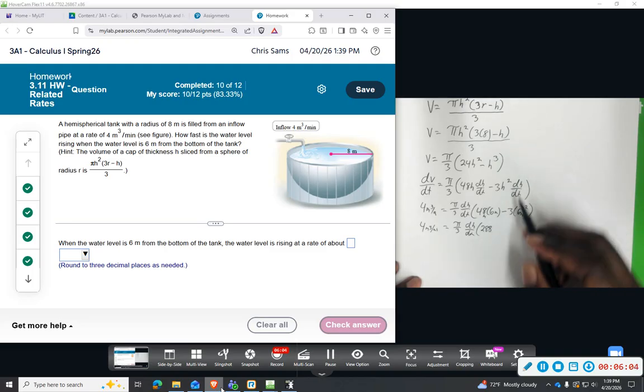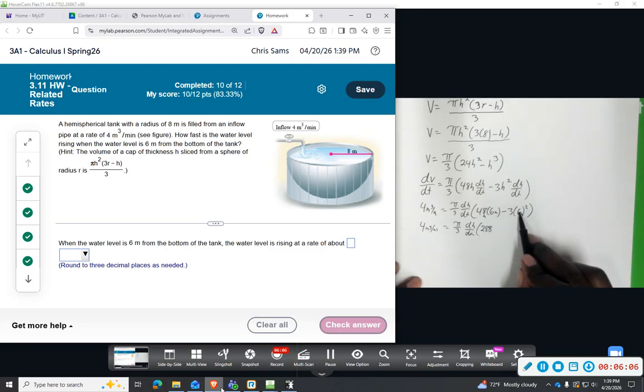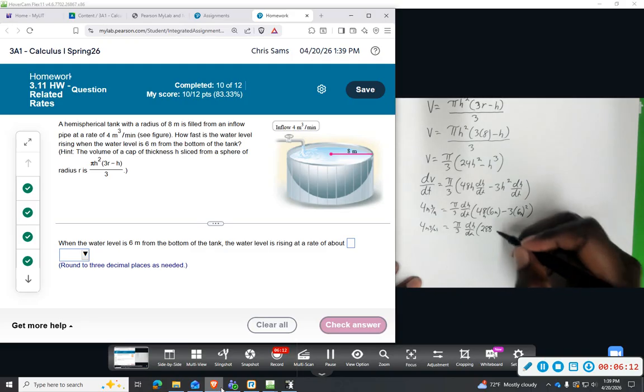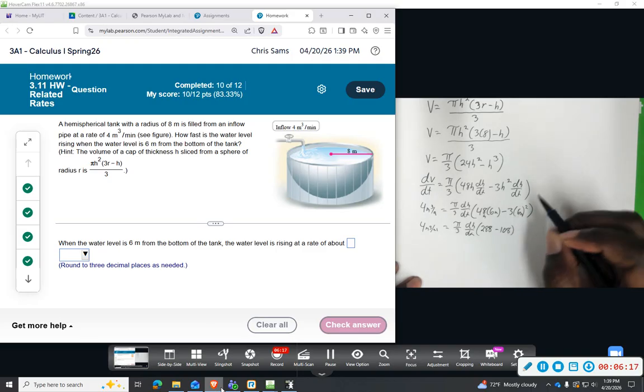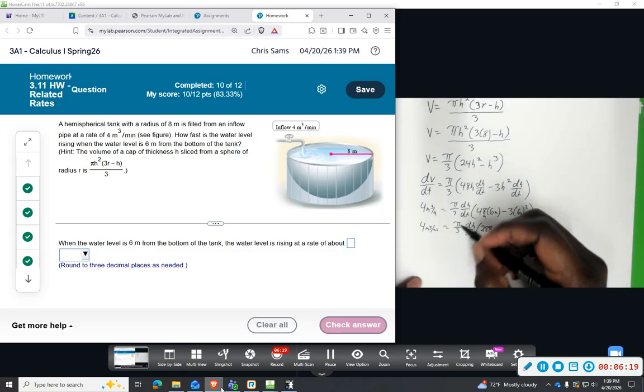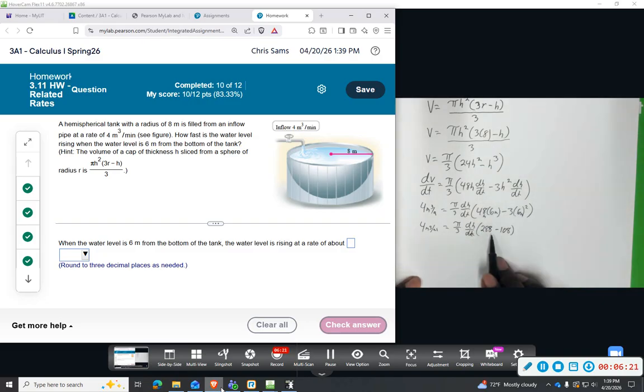We'll check that in a minute. And then we get 36 times 3, 72, 108. And then from here we'll just solve for dh/dt, and that'll give us what we need.